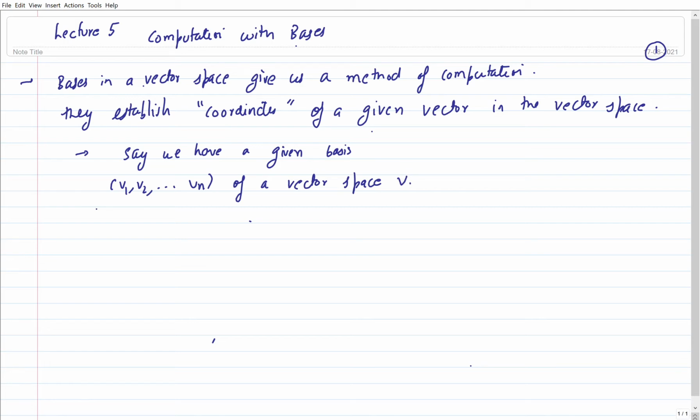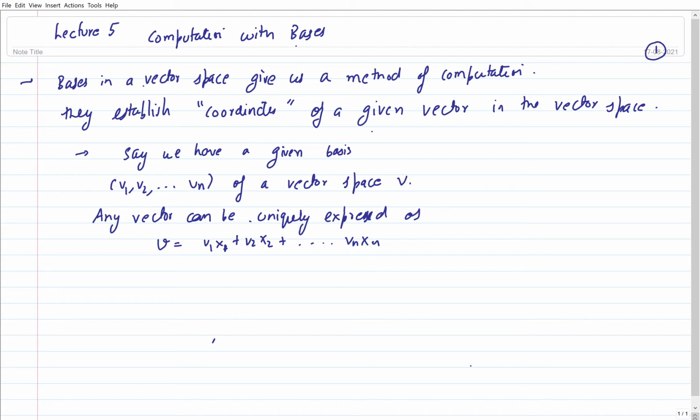Now, by definition, any vector can be uniquely expressed as v1 x1 plus v2 x2 plus ... vn xn, where xi's come from a field.